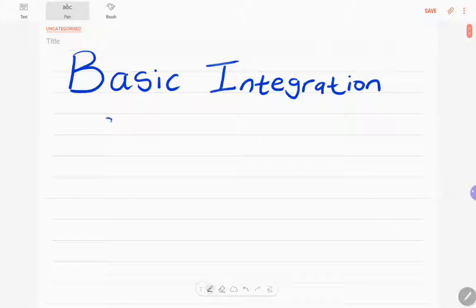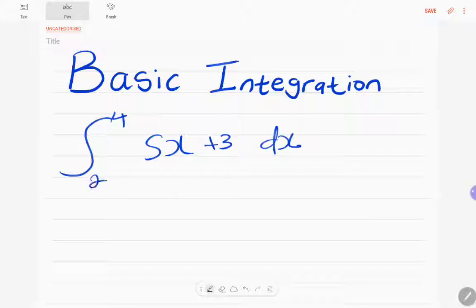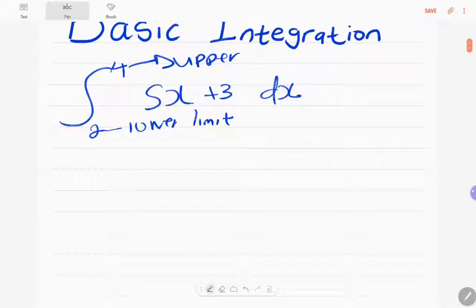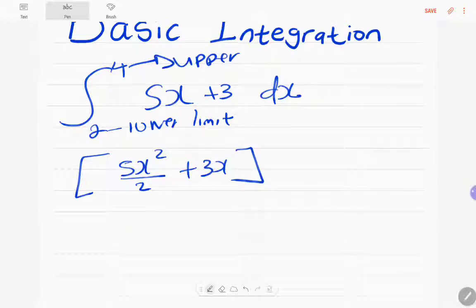Now let's say this is integral of 5x plus 3 dx from 2 to 4. This means this is your upper limit. This is your lower limit. It means integrate first. What is the integral of 5x? It will be 5x squared over 2 plus 3x. Now you take this upper and lower limit, you put them here. It is 4 and 2.